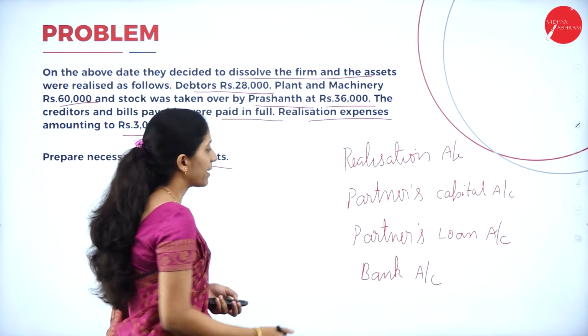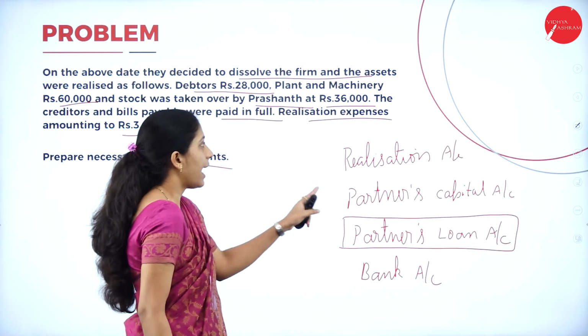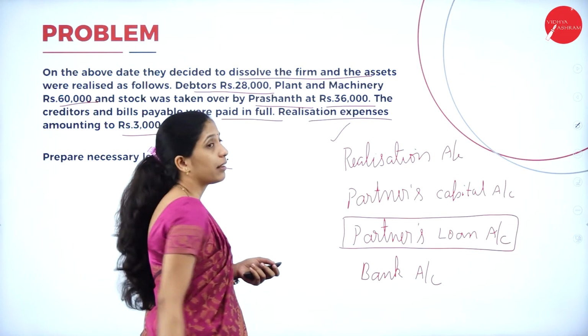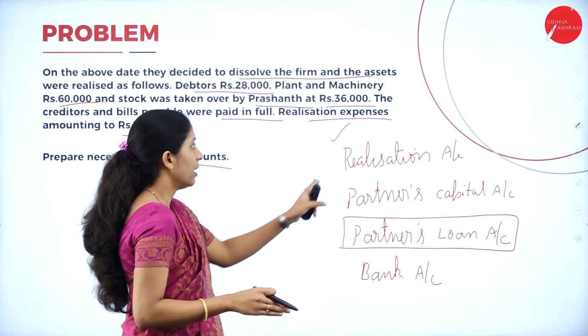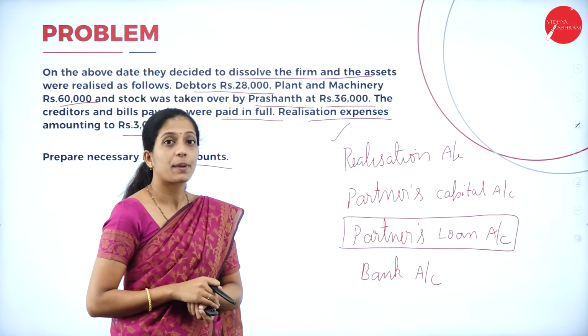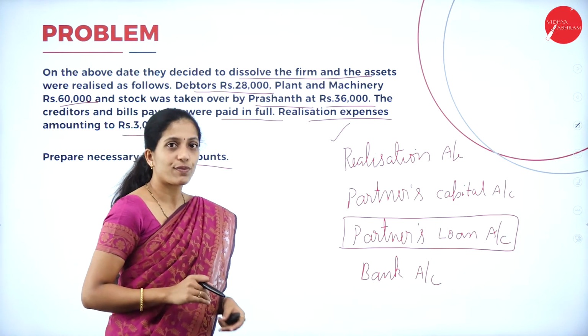Since the partner has provided the loan, we have to prepare partner's loan account, and here be careful. Revaluation account is prepared during admission, retirement and death of a partner, whereas realization account is prepared during dissolution of partnership firm. So these are the accounts we have to prepare.